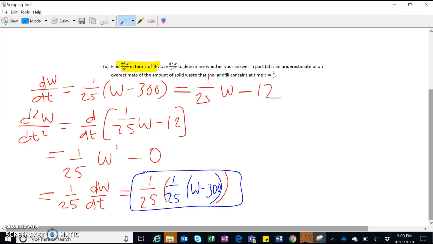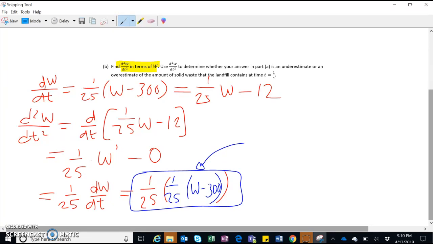Now, is this an overestimate or an underestimate? Well, this is my double derivative. What I'm seeing here is that if I were to consider what happens when I have actual waste in my landfill, maybe 1,400 tons of waste or something like that, 1,400 minus 300 we saw earlier is 1,100.